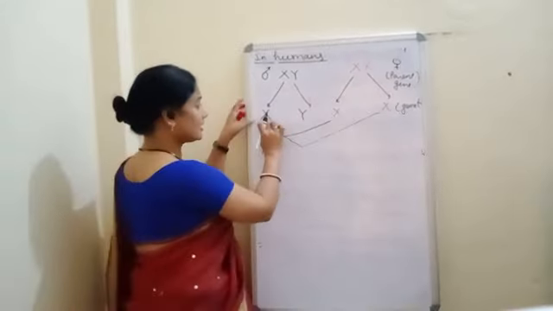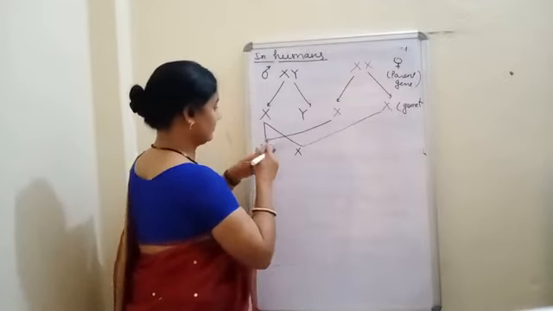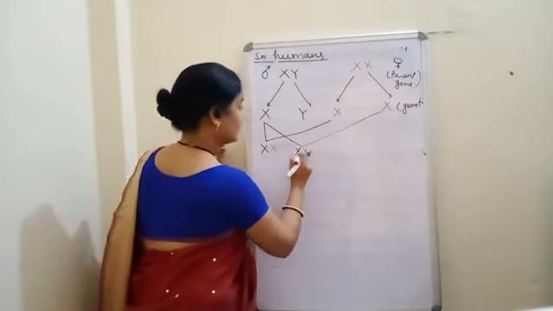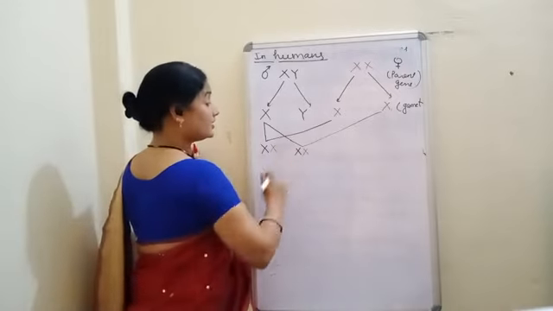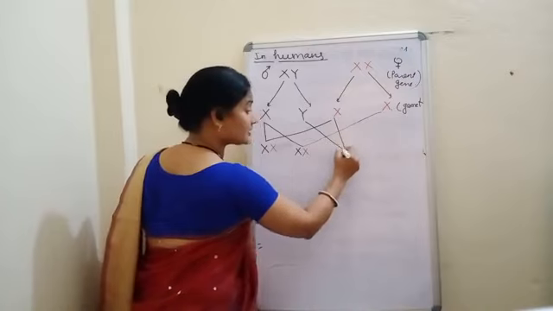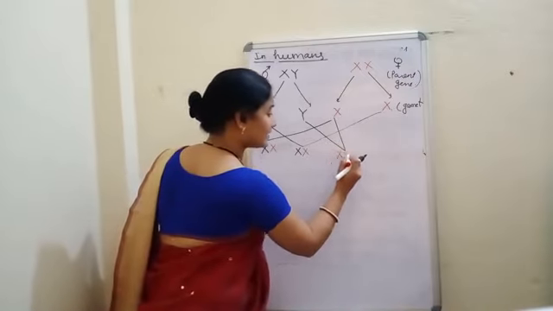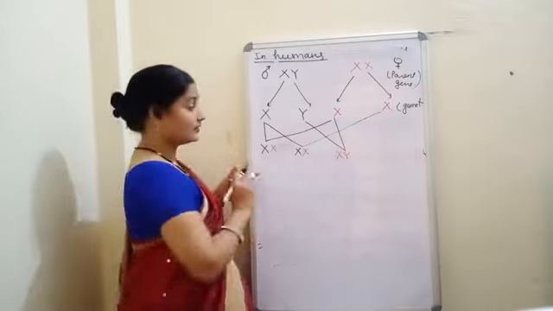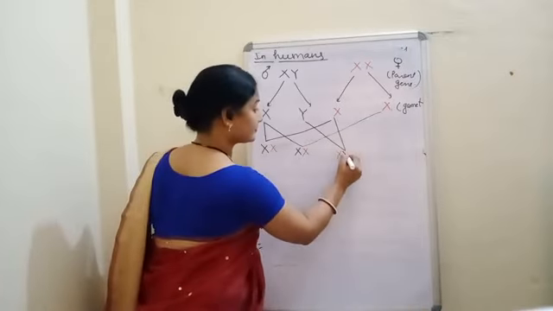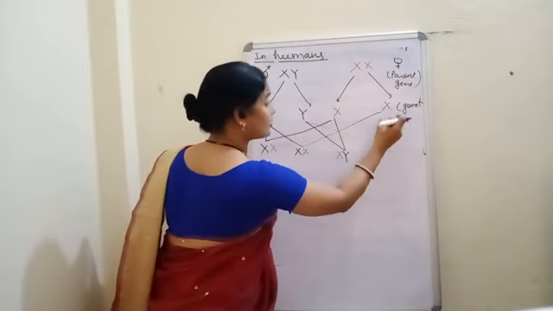Now see what happens. This X is crossing with this X. See the result? Okay. What is the next situation? This can be crossed with this. And then what we will get? X and Y. Clear? What is the next situation? This can be crossed with this.